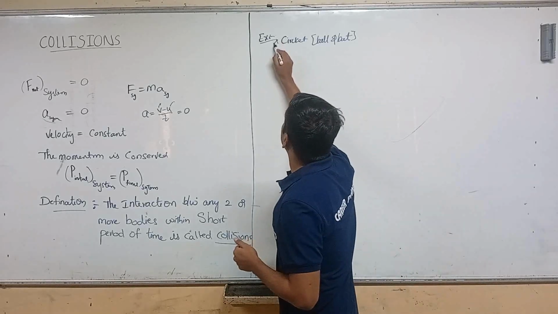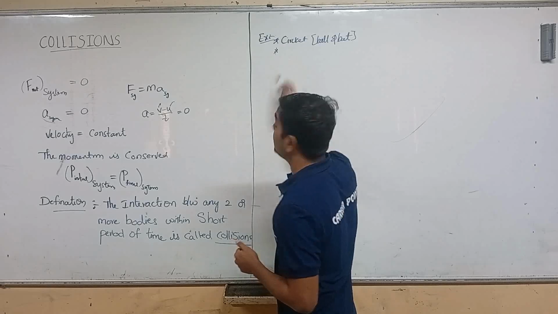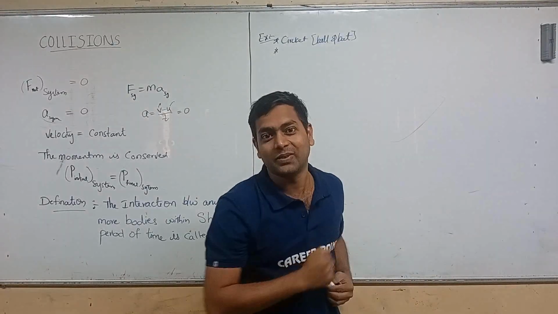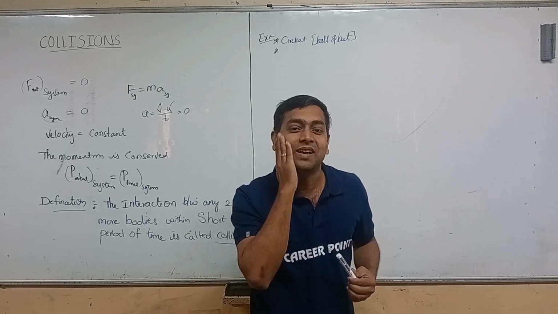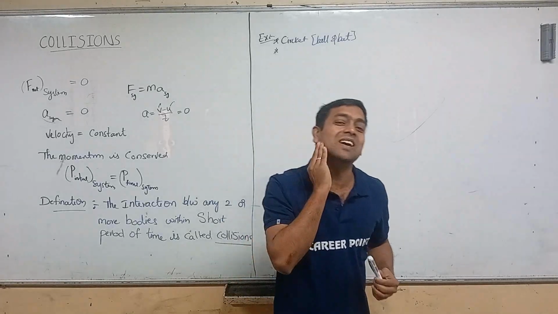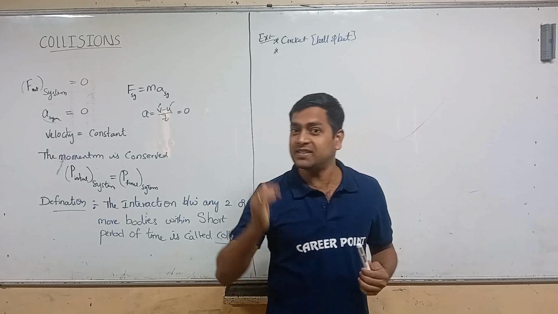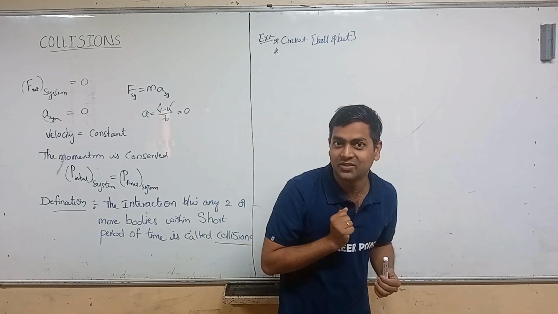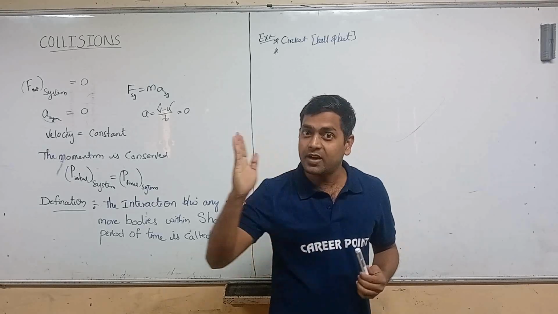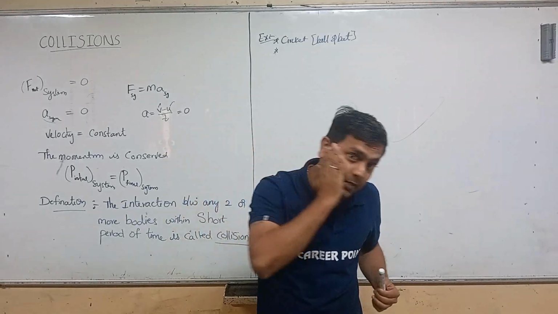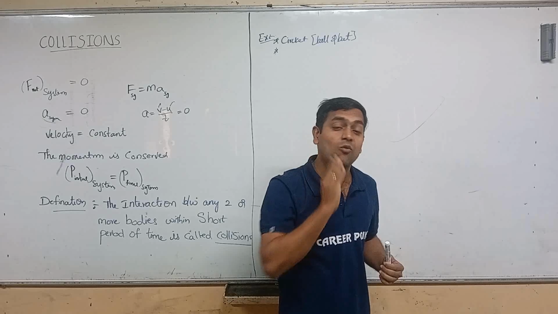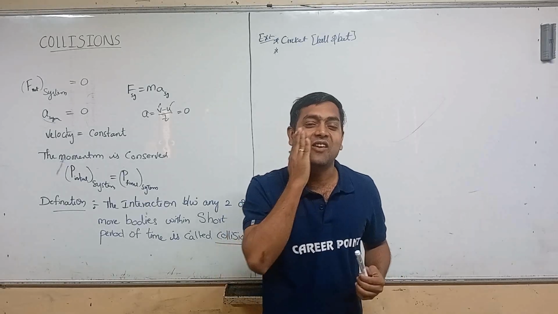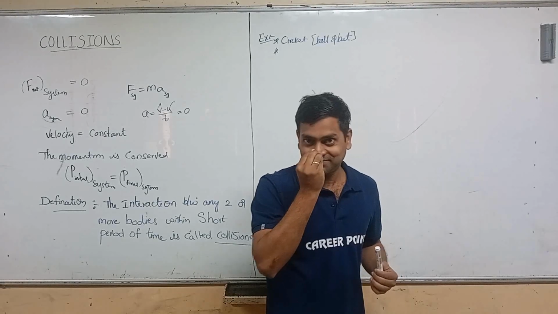Another example: your mother is beating you on your chin. Let us take this as one object and this as another object. This object is getting hit by that object, and then we get a very good collision.